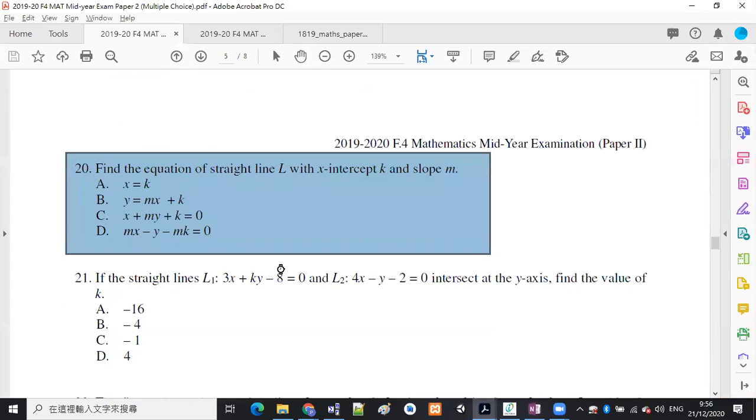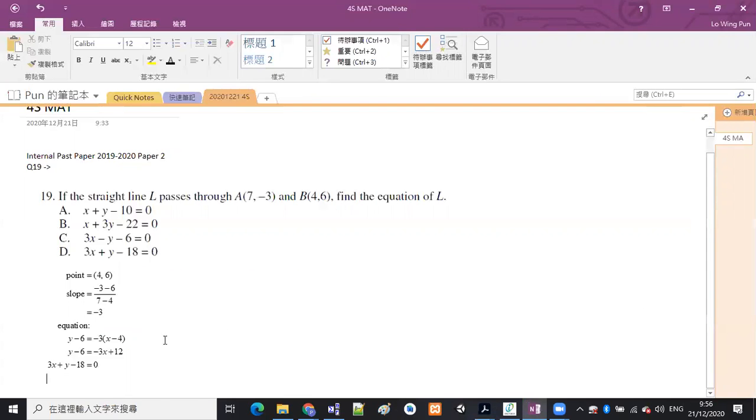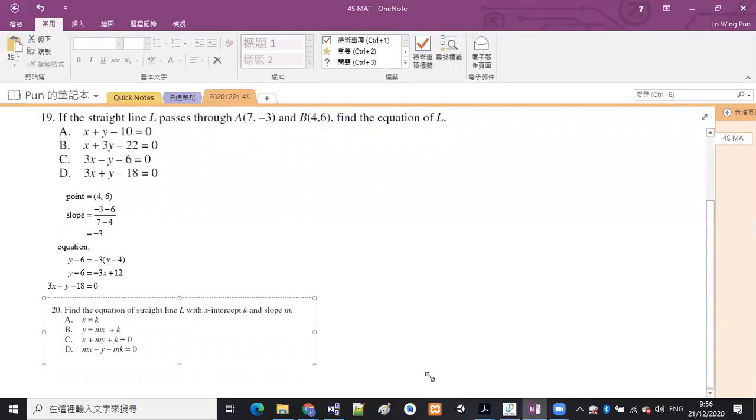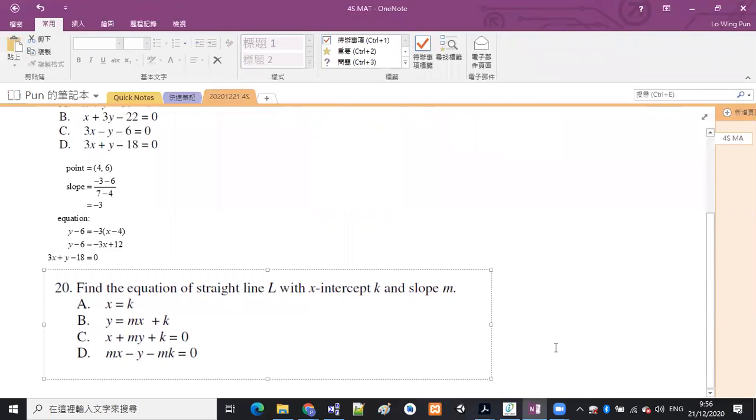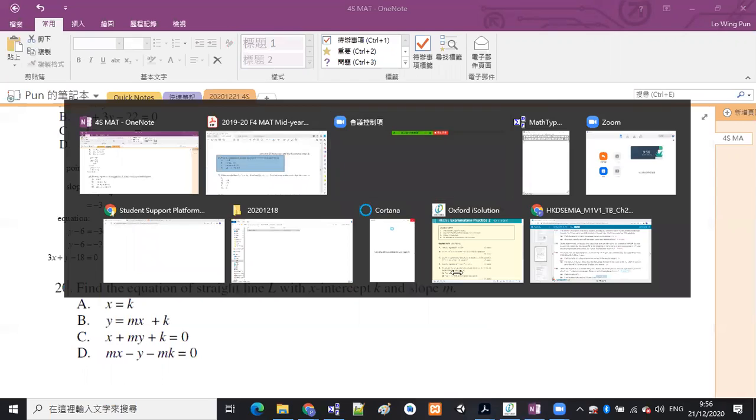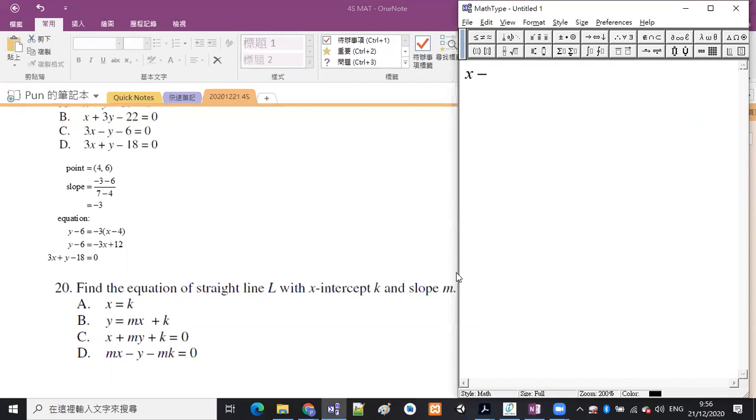Okay, number 20. Find the equation of the straight line L with x-intercept equal to k and slope equal to m. You know that x-intercept equal to k means that we have a point.